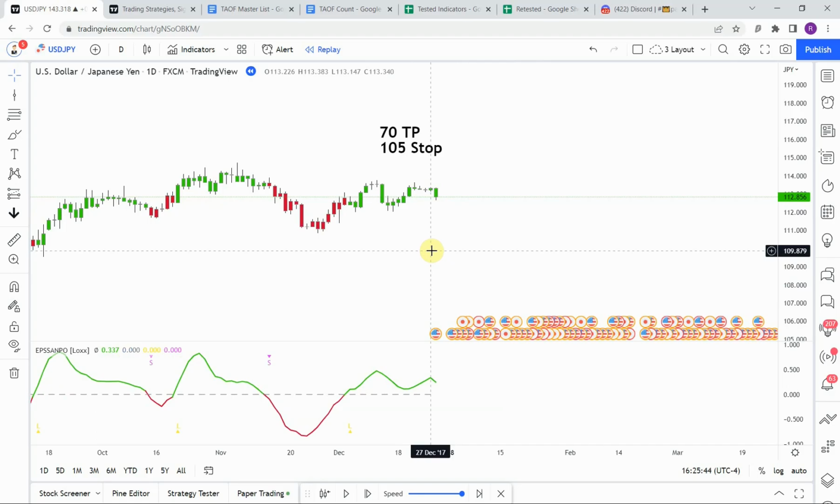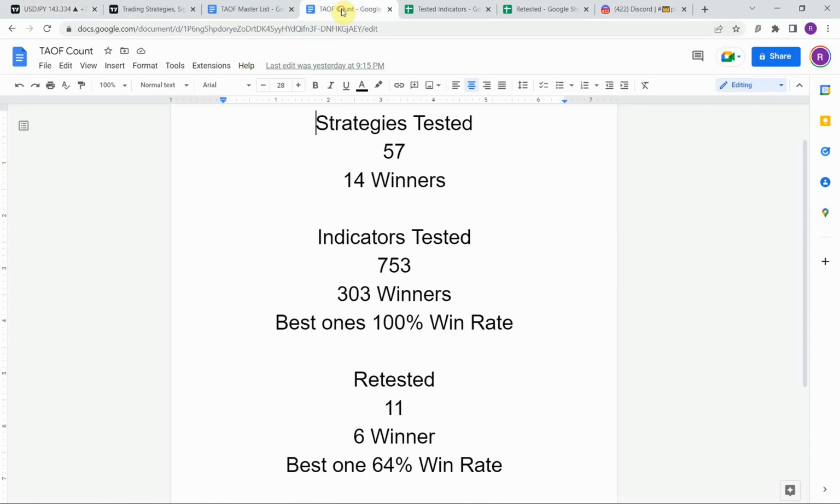Alright, as I said, today we will be testing the endpointed SSA of Normalized price oscillator. Before we do though, I wanted to put the testing scoreboard up for everyone to see. So to date, we have tested a total of 57 different strategies, with 14 of them being profitable. We've also tested a total of 753 indicators, with 303 of them being winners. The best ones so far were able to achieve a 100% win rate.